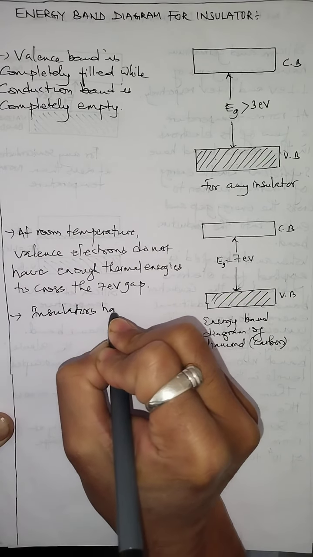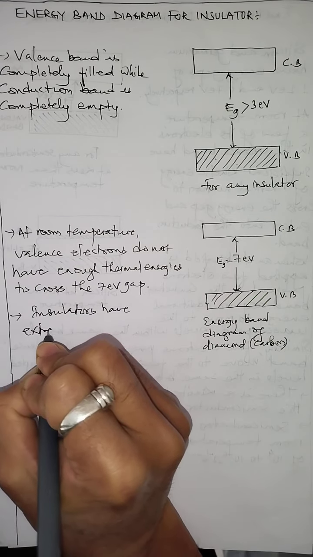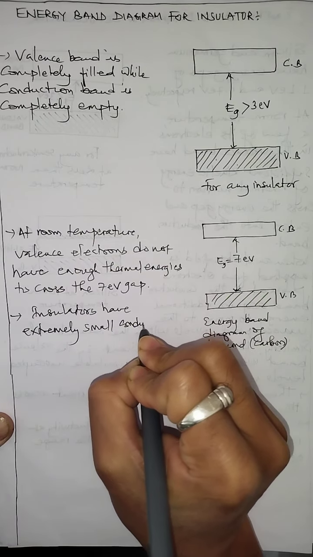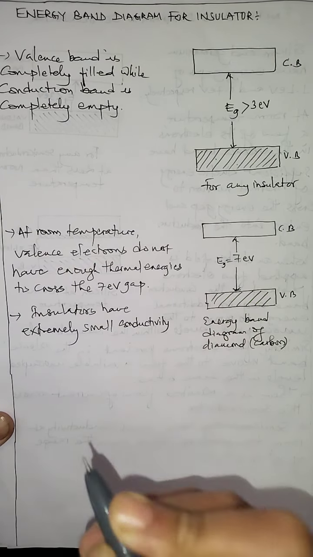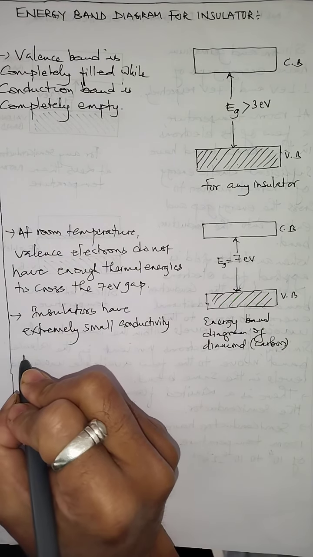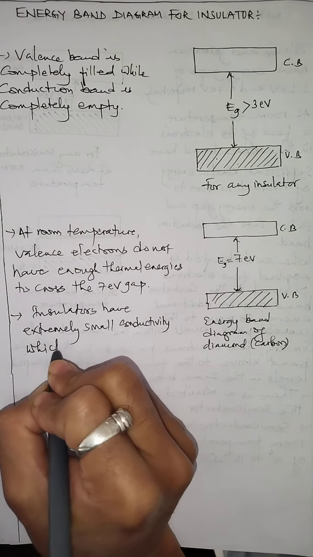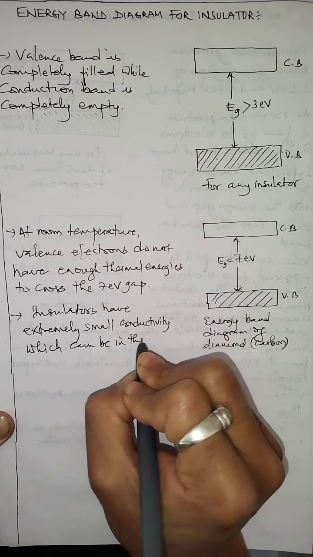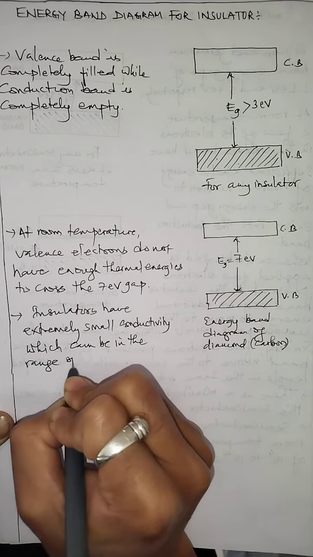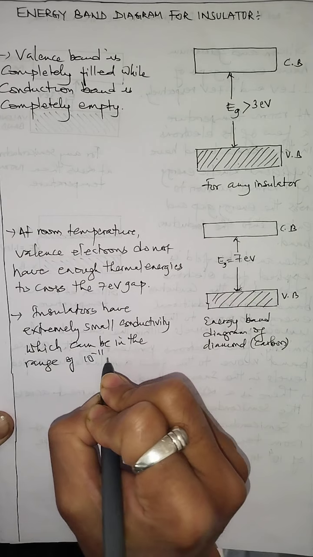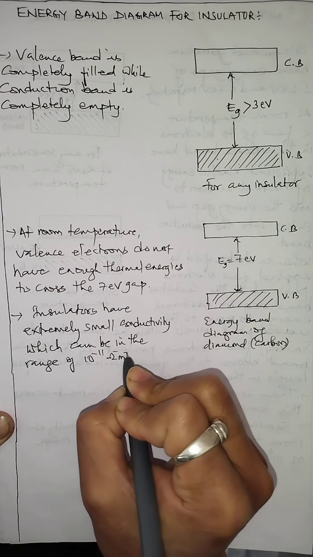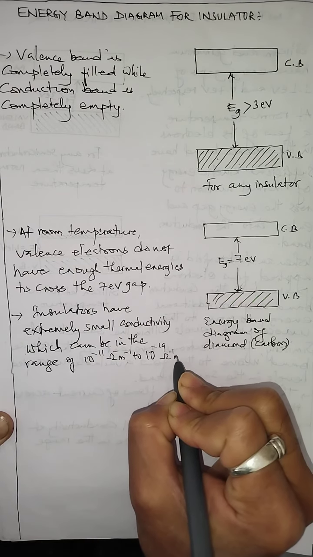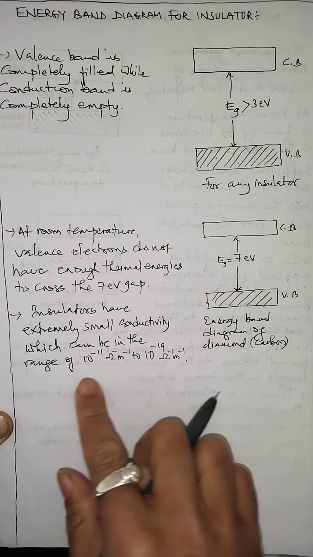Almost no conductivity, you can say, but they have extremely small conductivity which is in the range of 10 to the power minus 11 per ohm per meter to 10 to the power minus 19 per ohm per meter. So this is the conductivity of an insulator.